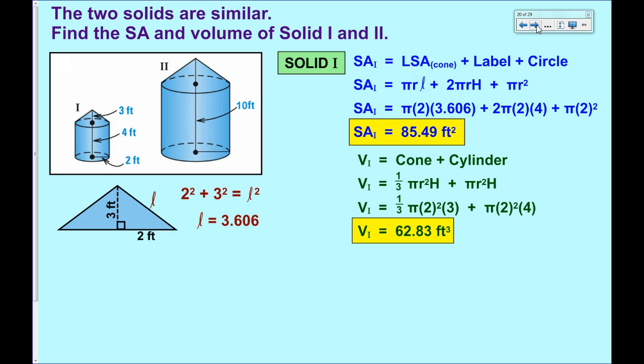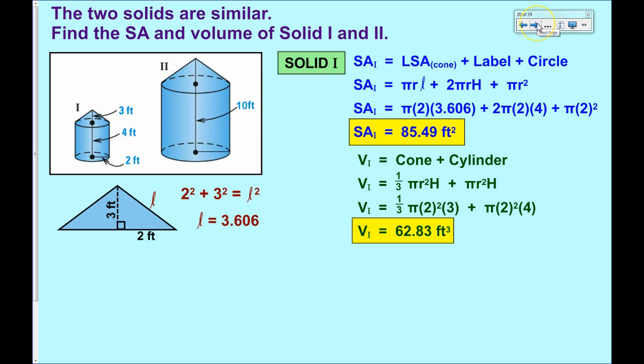The next step, to find all the information for solid 2, we need to use the scale factor for areas and volumes to convert from our surface area of solid 1 to the surface area of solid number 2. So let's take a look at the scale factor that we need, and you'll notice that there's only one corresponding length or area or volume that is labeled, and that is the 4 foot to 10 foot.